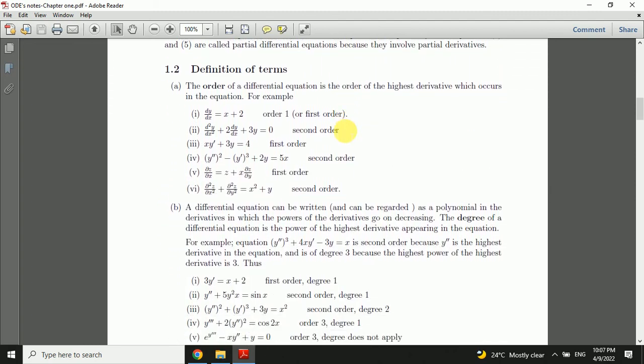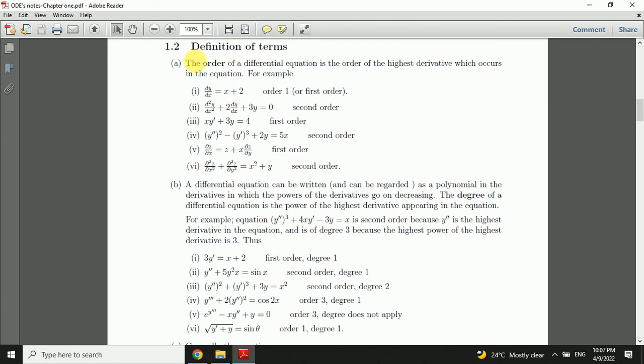Okay. Now let's look at the definitions. We have what we call the order of a differential equation. What is the order of a differential equation? So the order of the differential equation, we are saying that is the order of the highest derivative which occurs in the equation.